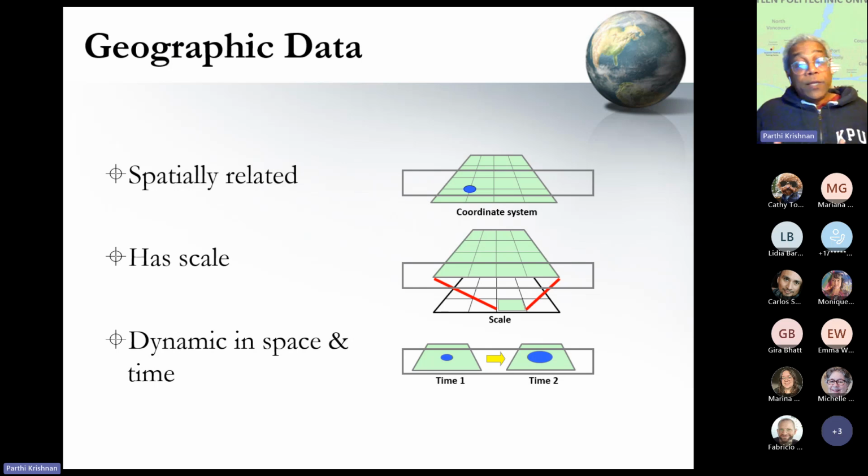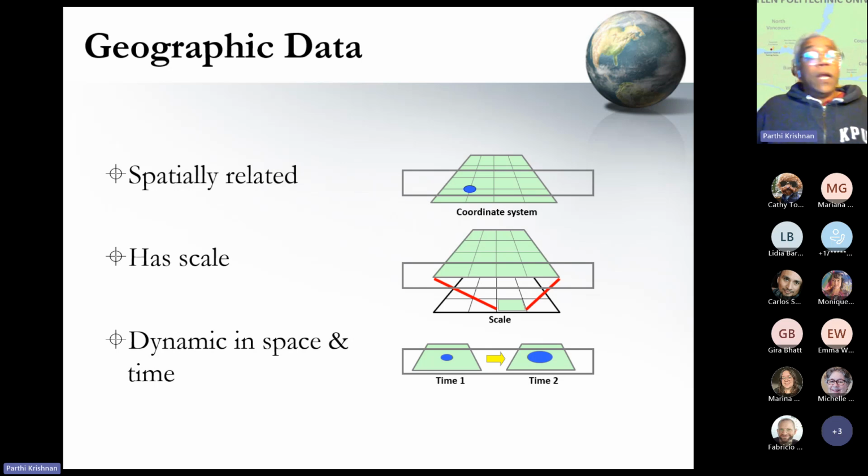So things change not only in space, but also in time. One simple way of considering it is consider how much of the landscape of Metro Vancouver has changed in the last 100 years. So what mapping allows is to reveal all of that previously hidden information by using these three characteristics.